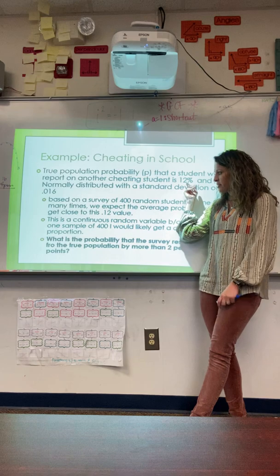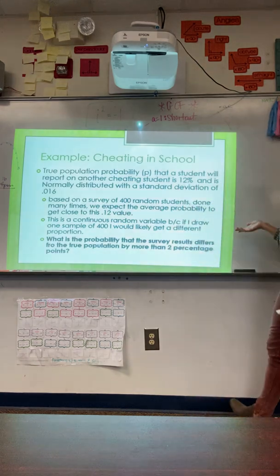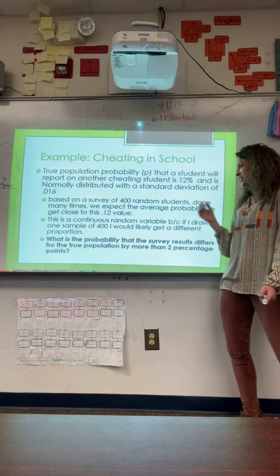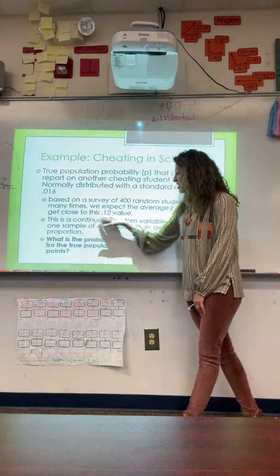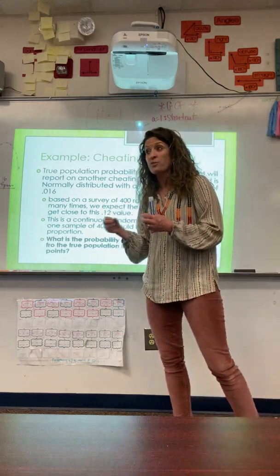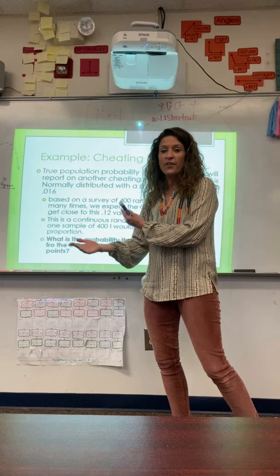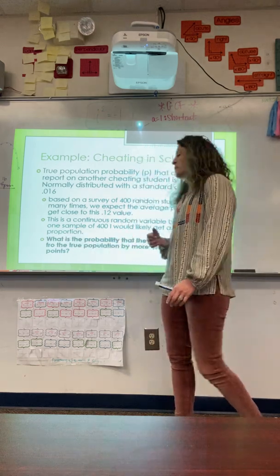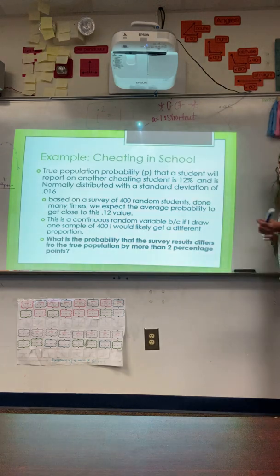Now, this is continuous because we know that this is a normally distributed curve. If we were to do another set of 400, we might get a different answer, but it might be pretty doggone close because you collected 400. If I just did another set of 20, it might not be 12%. But if you did another set of 400, we would get something close, but maybe not exactly the same proportion.